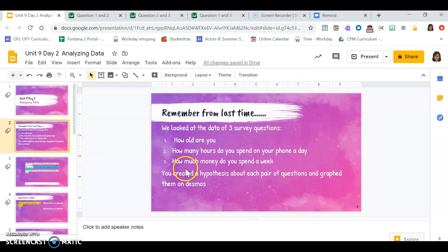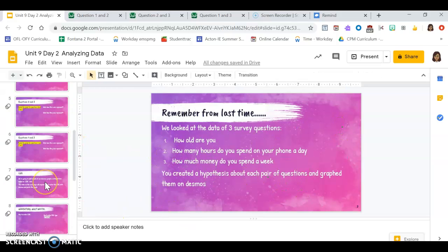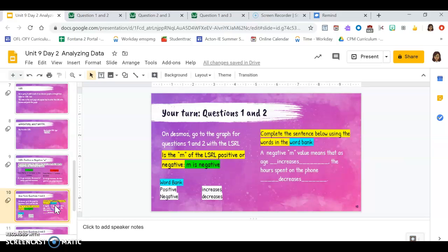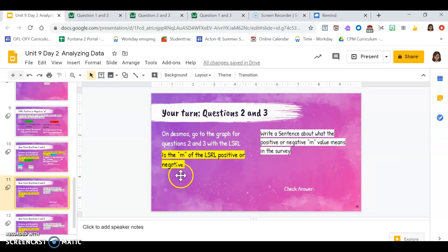Question 2 was phone, question 3 was money spent a week. So that means if m is negative, we got 1 increasing, 1 decreasing. So as the time spent on the phone increases, the money spent a week decreases. Or you could say the reverse. As the money spent increases, time spent on the phone decreases. So basically, if your m is negative, one of your questions increases, the other decreases. If m is positive, they both increase at the same time.